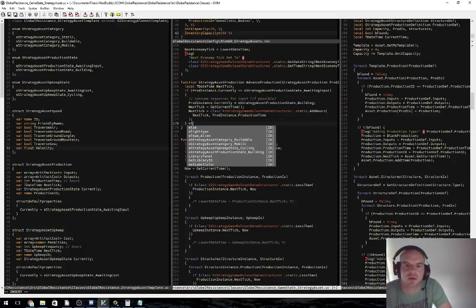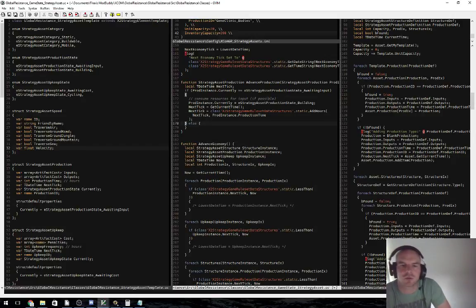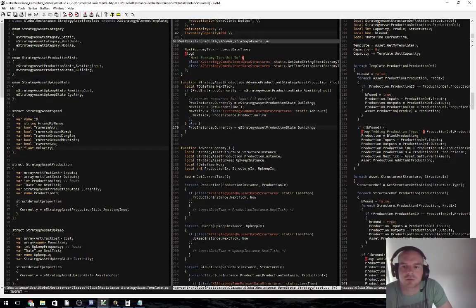Else, so if it's not awaiting input, then it must be building. In which case, we just hit the last tick, and that means we can refer back to awaiting input.